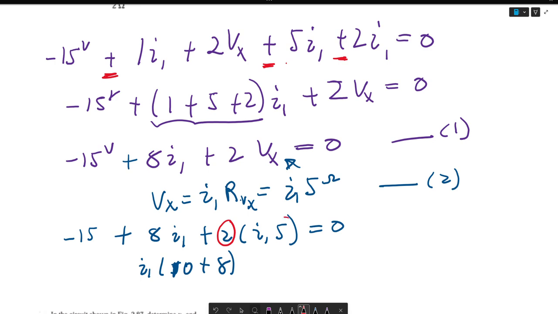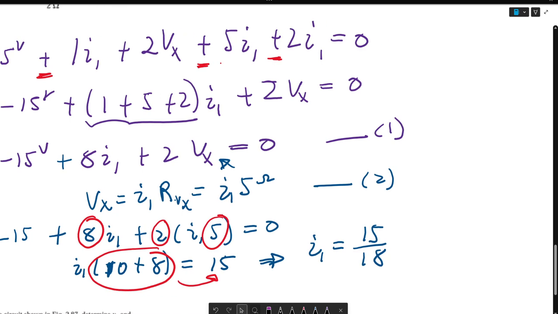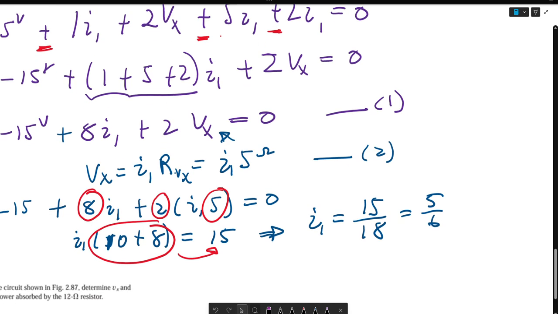This is 2 times 5 is 10, plus 8, and this is equal to 15. And then we could say I1 is equal to 15 over 18, right? 10 plus 8 is 18. We divide it over. So then this is equal to 5 over 6.